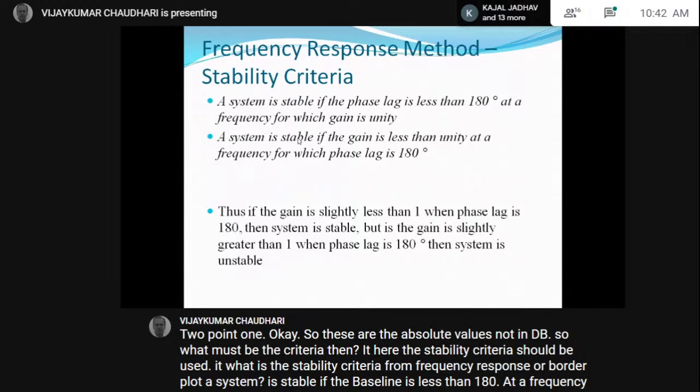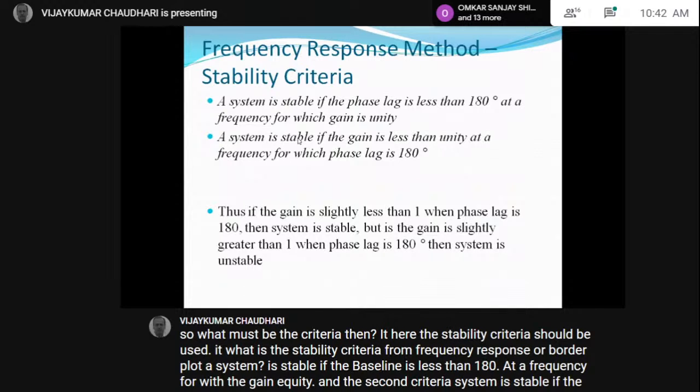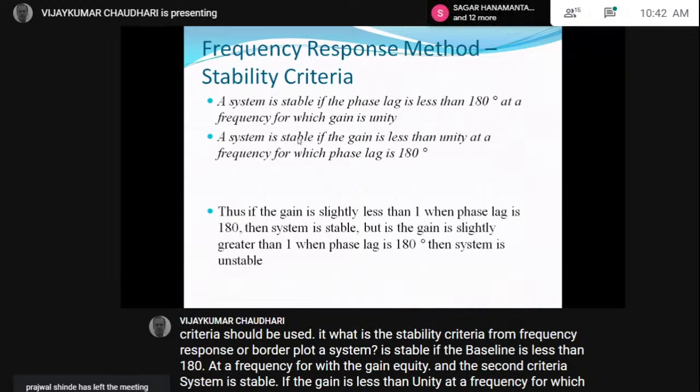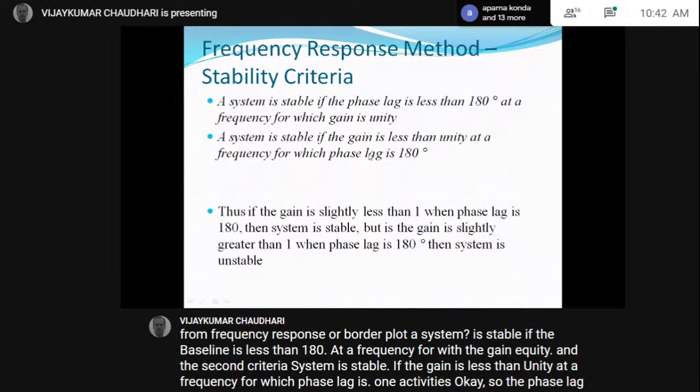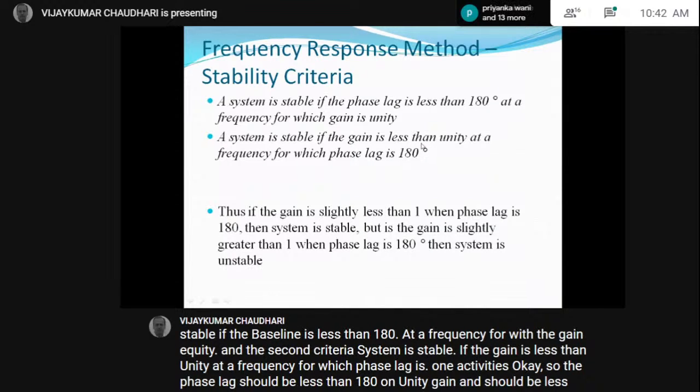And the second criterion: the system is stable if the gain is less than unity at a frequency for which the phase lag is 180 degrees.